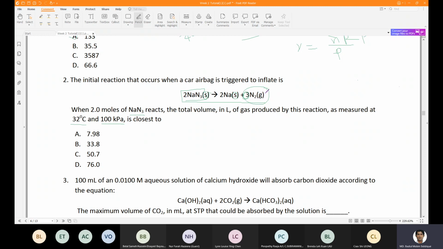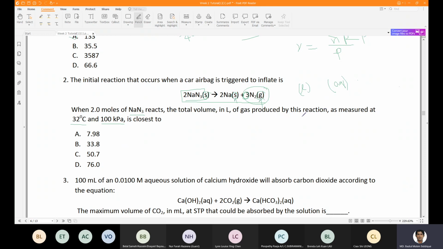S means solid, G means gas, and L in brackets means liquid form. When it is AQ in brackets instead of G, we know it is an aqueous solution. Since it is G, it is in gaseous form.